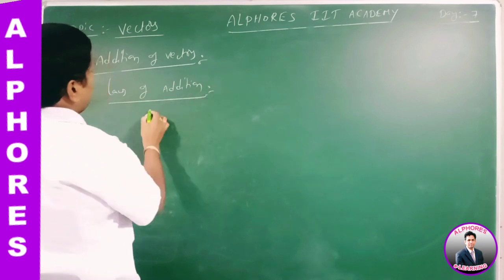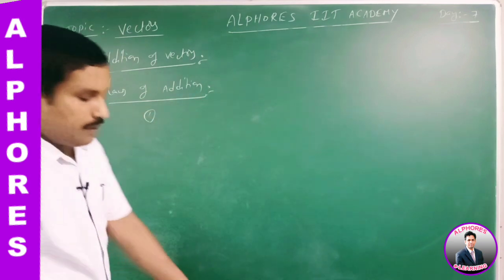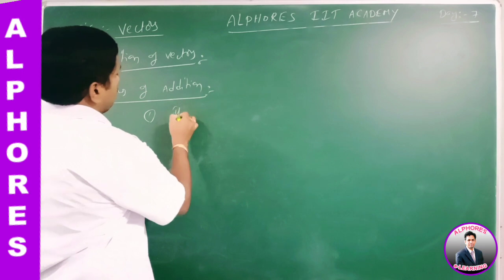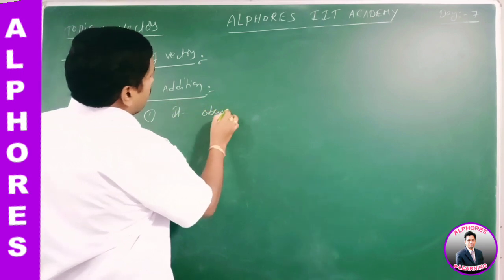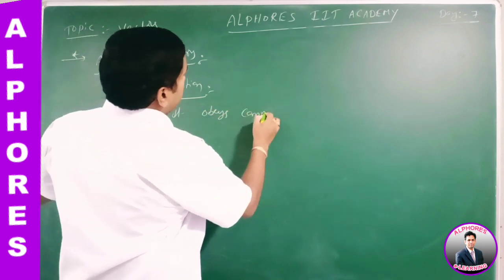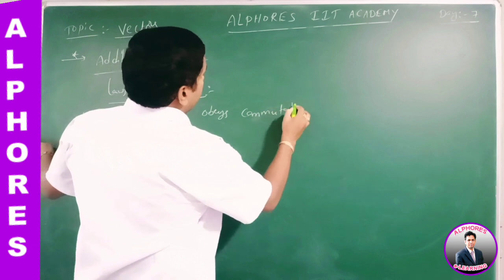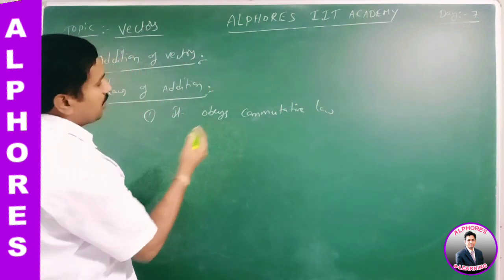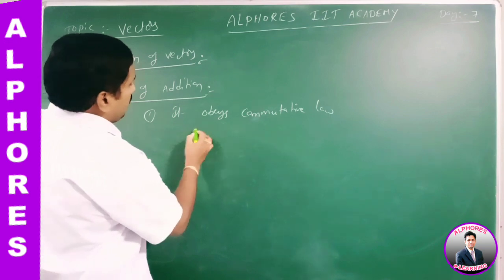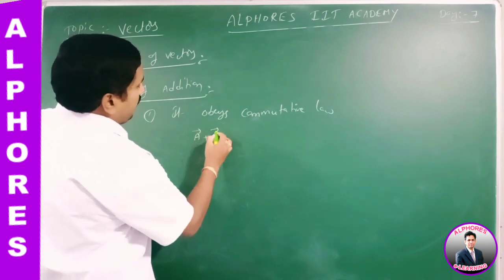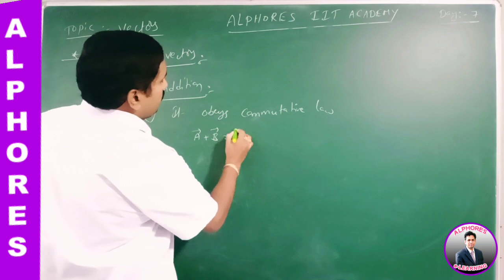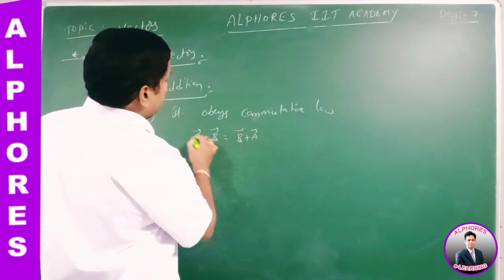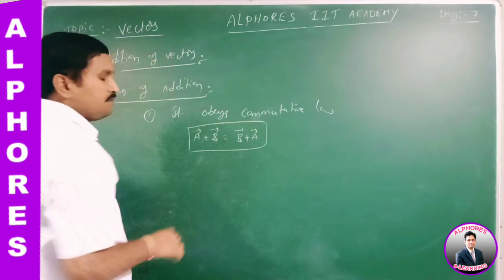What are the laws of addition? It obeys the commutative law. What is meant by commutative law? In addition, A bar plus B bar is equal to B bar plus A bar. This is the commutative law.